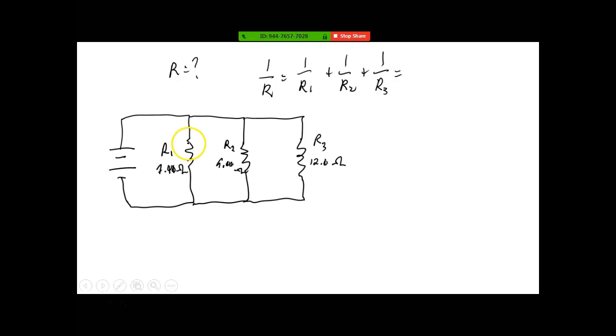And plugging in the numbers we have, 1 over 7.00 ohms plus 1 over 9.00 ohms plus 1 over 12.0 ohms. Now, I'm so glad that I don't have to do that by hand. That 1/7 really throws everything off.